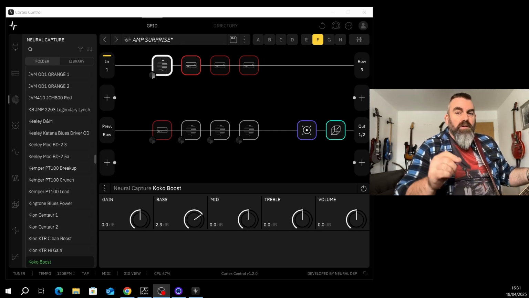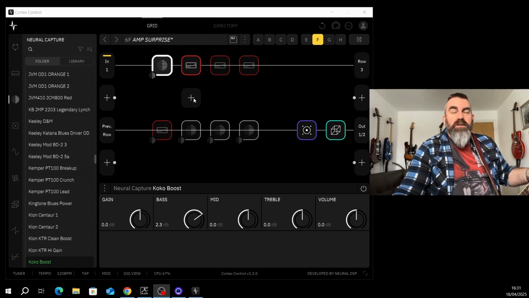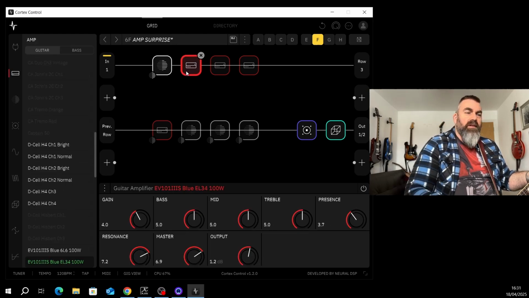Okay, so the first one, I'll give you a hint, I would say it's got buckets and buckets of overdrive, more than you would ever need. It's the 5150.